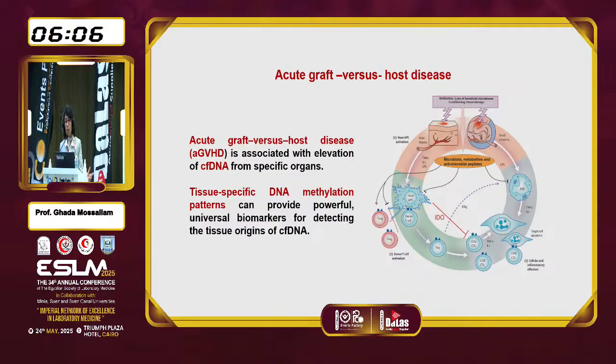So the condition is associated with the release of cell-free DNA from both the damaged organ and also from the inflammatory cells involved in its pathogenesis. Tissue-specific methylation pattern can provide not only the elevation of total cell-free DNA as a result of tissue damage, but may also inform the tissue of origin.